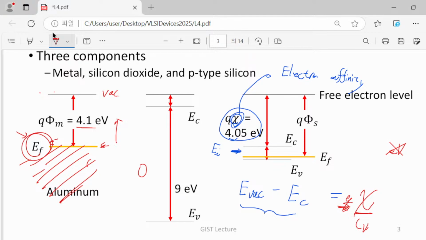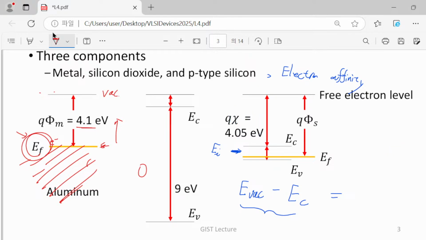One is eV, which is energy, and the other is volt. Of course, by multiplying by the elementary charge q, we can easily convert from volt to eV, but it is not good to be confused by these two differences.